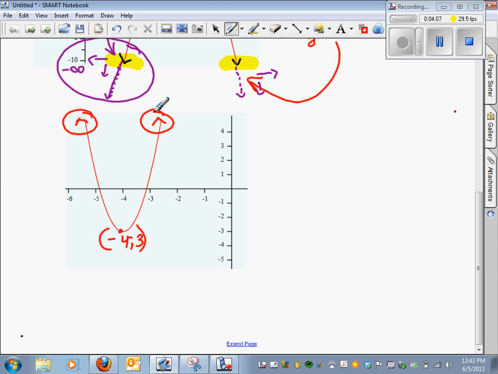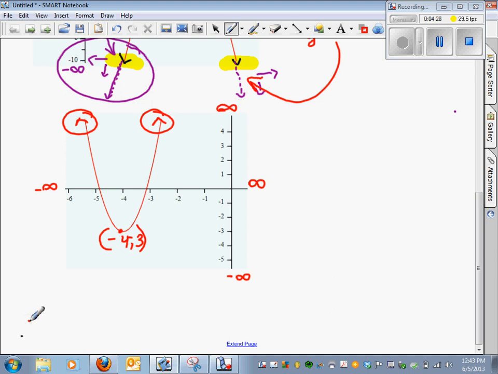So I know that if we go to the left on the x-axis, we go out to negative infinity. If we go to the right on the x-axis, we go out to positive infinity. On the y-axis, if we go down forever, we'll get to negative infinity. And up forever will take us towards positive infinity.